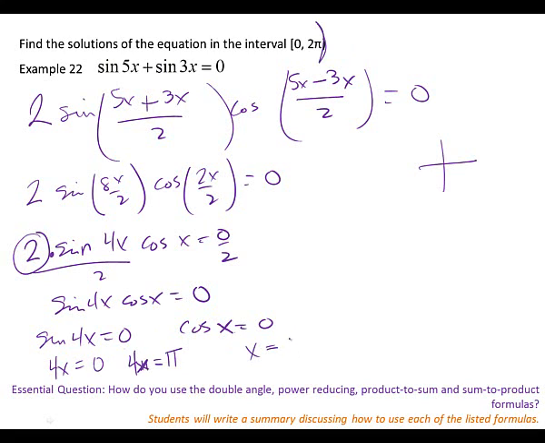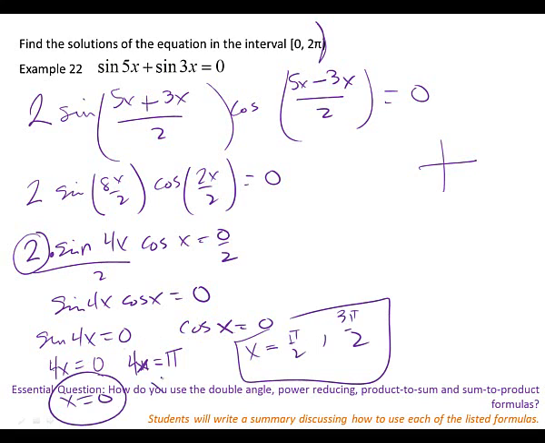The x value. Pi over 2, anywhere else? 3 pi over 2. And I don't need to worry about writing those two separately because I have a coefficient of 1. What do I still need to do to get rid of those 4's? Divide. So I get x equals 0 and I get x equals pi over 4. And that's it.